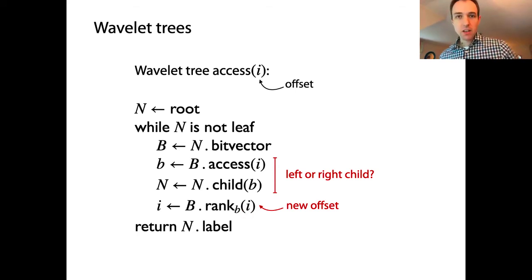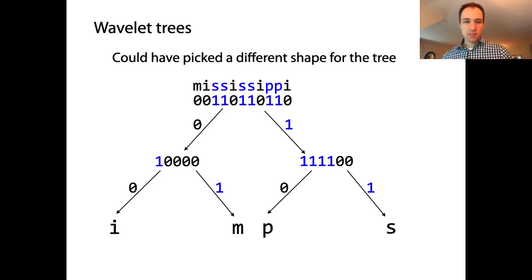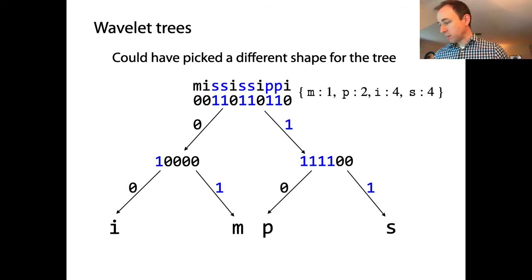Okay, so let's observe for a moment that our tree doesn't have to look like the tree that we showed here, right? For example, it might seem like a bad idea to make this tree if it turns out that the different characters have very different frequencies, as they kind of do for this example, right? So in this example, we have Mississippi.